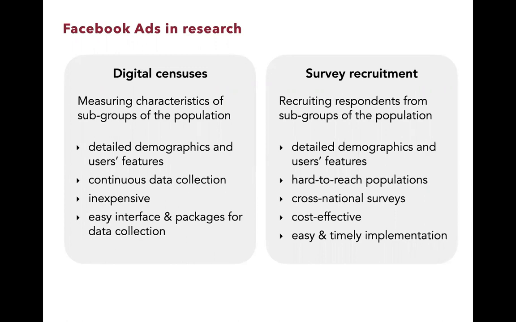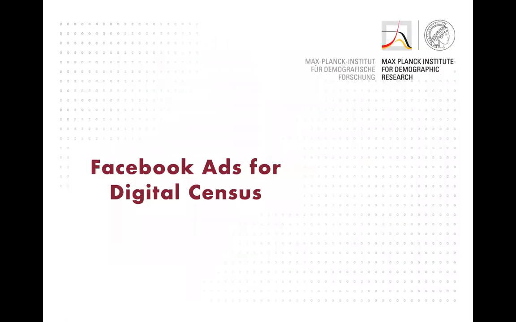As I said, it's free of cost in the case of digital censuses because you're just retrieving the data from the platform, and it's usually cost effective for survey recruitment. Plus, as already said, it's very intuitive and easy to use, and I will show you in a moment.